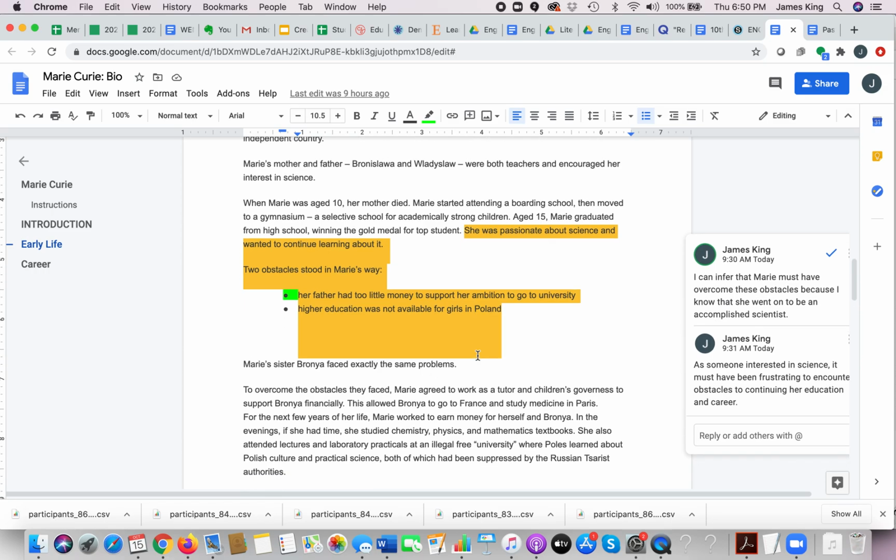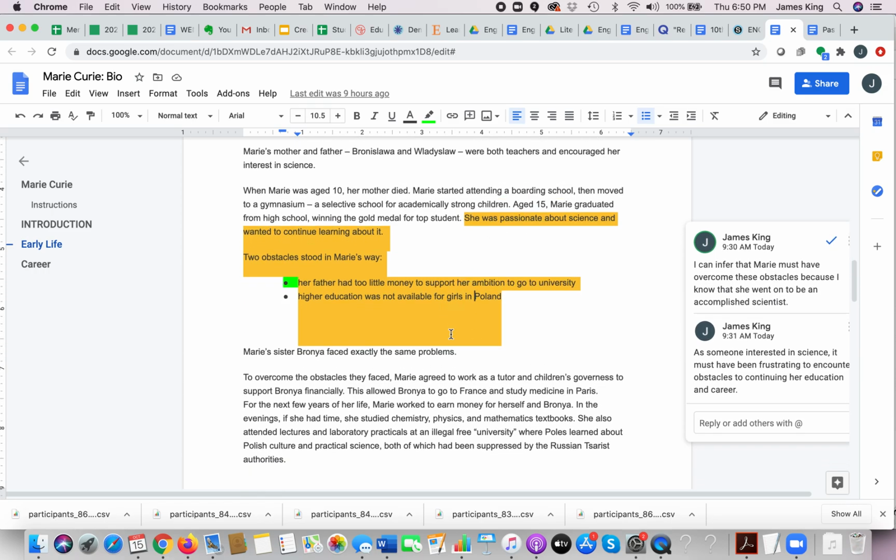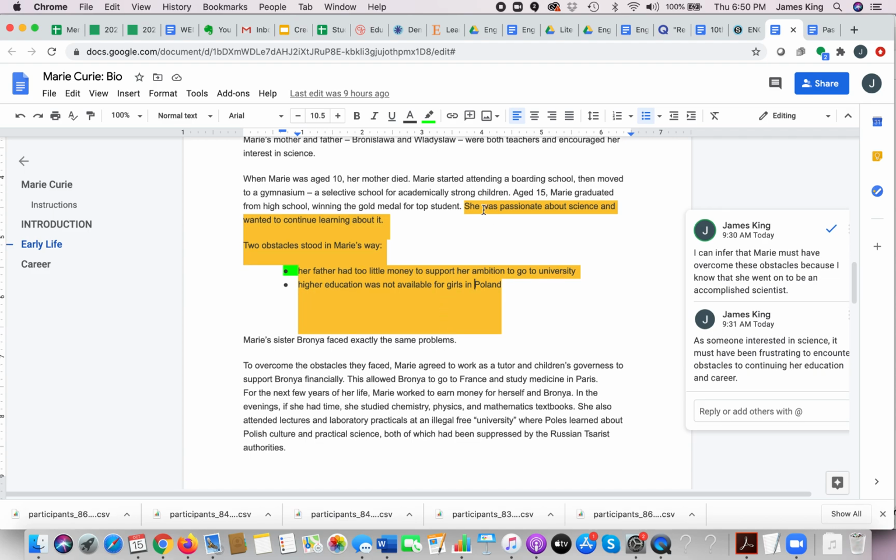Well, I remember this is one of the key details we have. Remember that Marie Curie was passionate about science and wanted to continue learning about science, but she faced these obstacles. Her father had too little money to send her to university, and on top of that, higher education or universities were not available for girls in Poland.